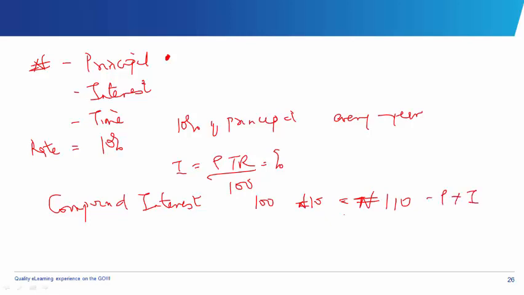Now for the second year, the principal becomes 110 naira, and it continues at that 10%. So at the end of that year, your interest now becomes 11 naira. The principal for the next year now becomes 110 naira plus 11, which is 121 naira. That is how compound interest works.